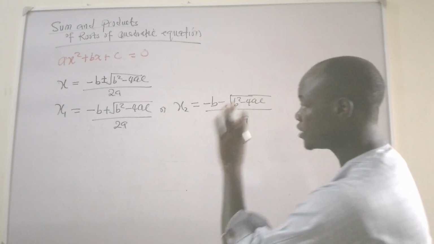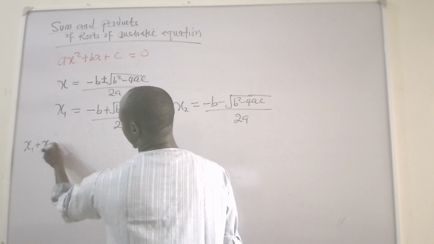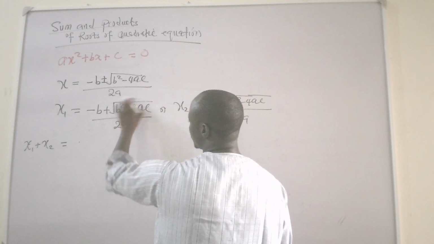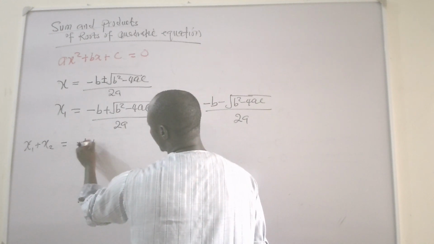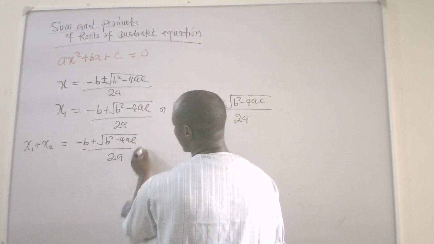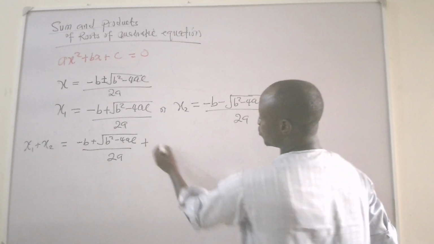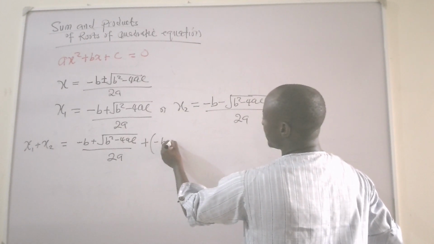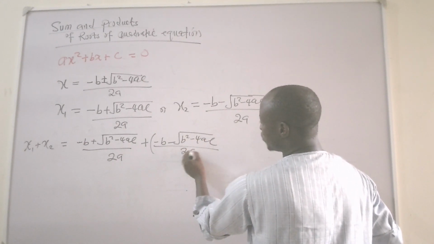So now let's take the sum, x1 plus x2. Our x1 is minus b plus square root of b squared minus 4ac divided by 2a, plus our x2, which is minus b minus square root of b squared minus 4ac all over 2a.